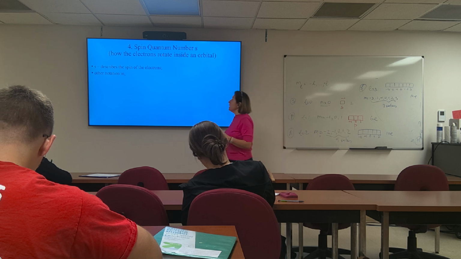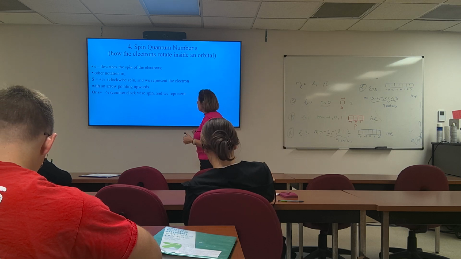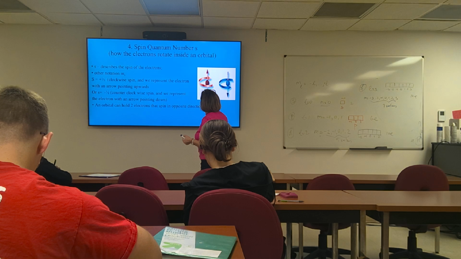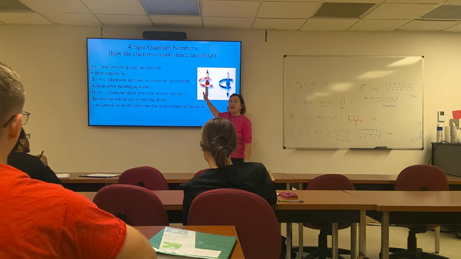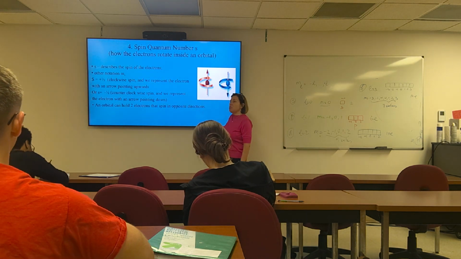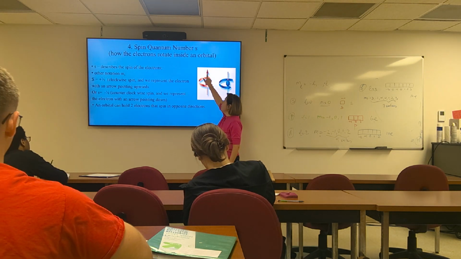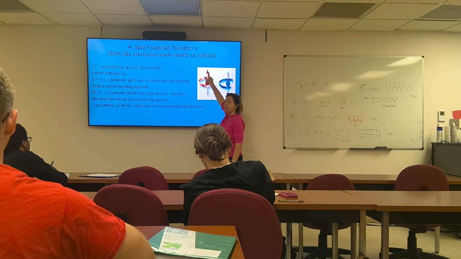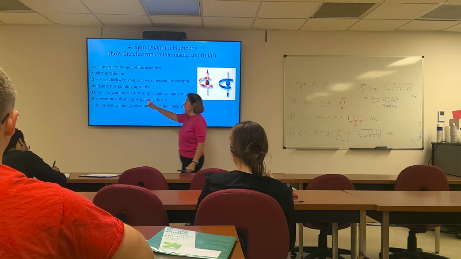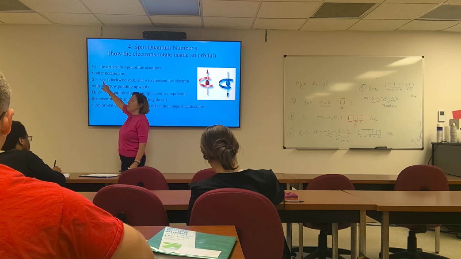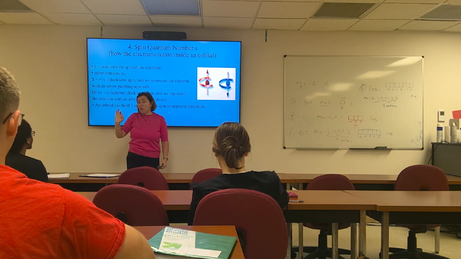So when we symbolize an orbital, hold on, let me get to the picture. An electron is symbolized as an arrow. If I draw an arrow with my arrow tip up, that is the symbol of an electron that has the spin plus 1/2, not plus 0.5.